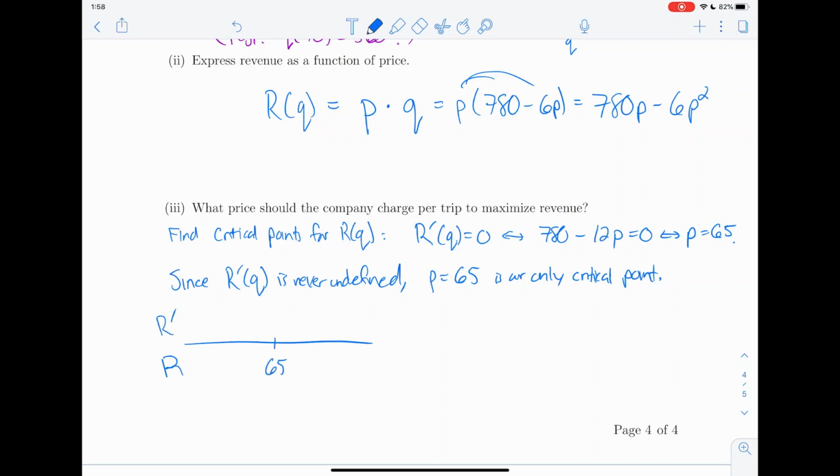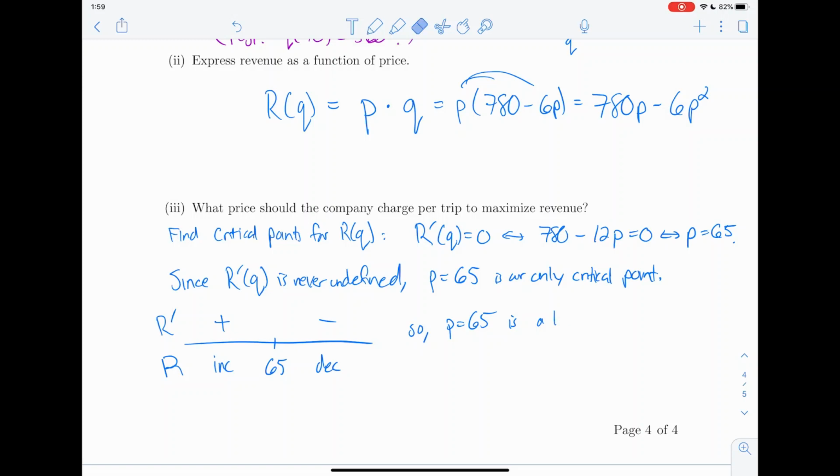That's 65. And again, if I look at the derivative right here, if I plug in, say, 0, I'm going to get just 780. That's a positive. And if I plug in something greater than 65, I'll get a negative, which means revenue is switching from increasing to decreasing. So what that tells us is that P equals 65 is a local max.